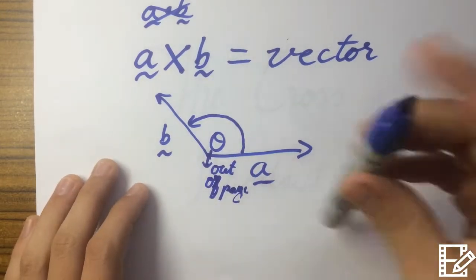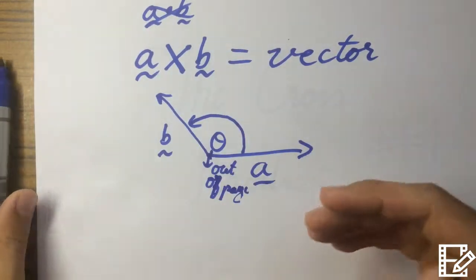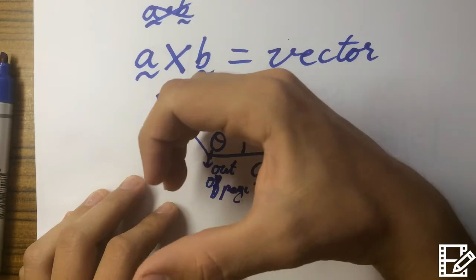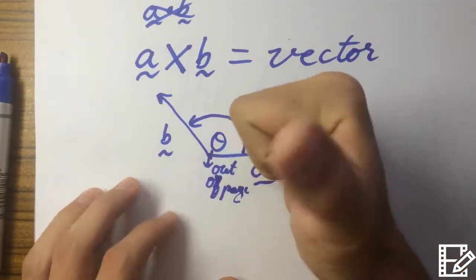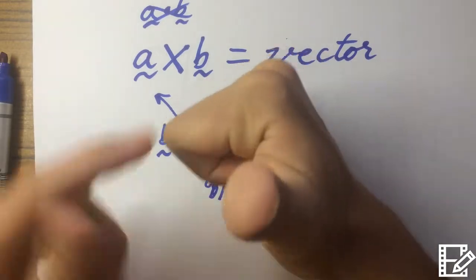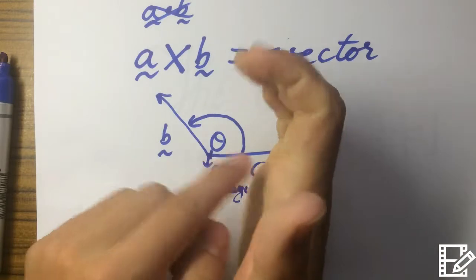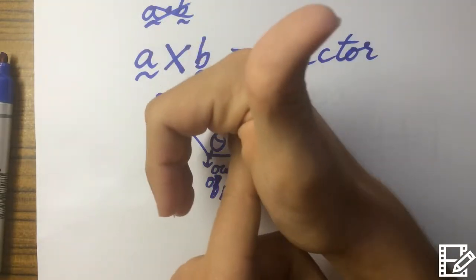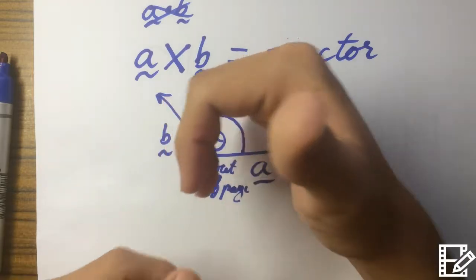Think of it as your hand. If your hand curls like this, you make a sort of fist, with your thumb sticking up, and the direction is curling anti-clockwise, the resultant vector will come out.